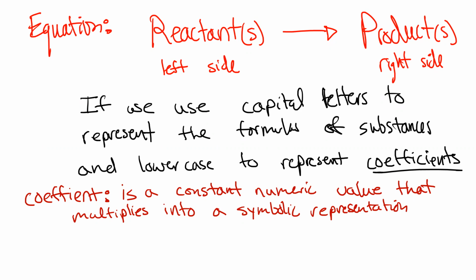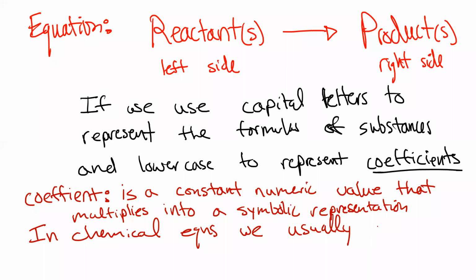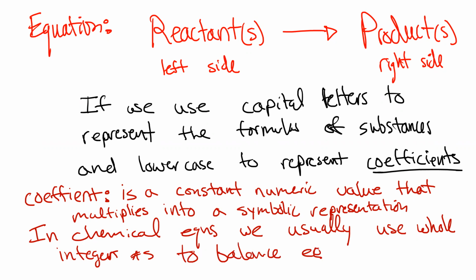In chemistry, in chemical equations, the coefficients are still numbers. We generally use whole numbers. We don't generally use fractions. We normally use whole number integers to balance the equations.